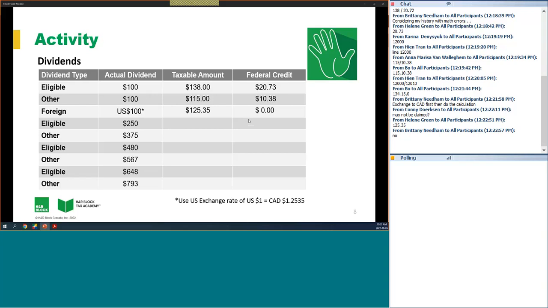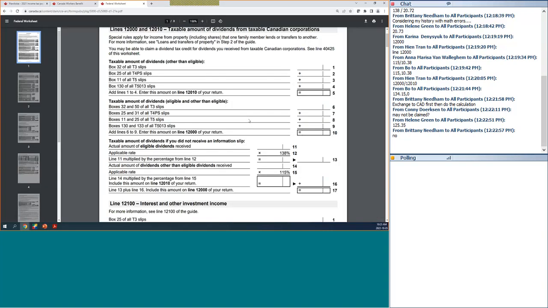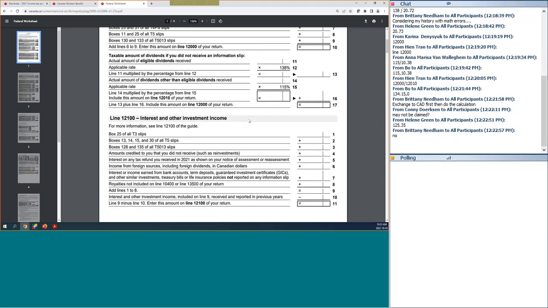And just to be extra sneaky, what line number are we going to put foreign income on the federal worksheet? It's a foreign dividend. Where do foreign dividends go?